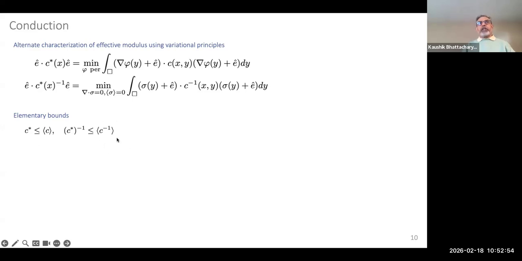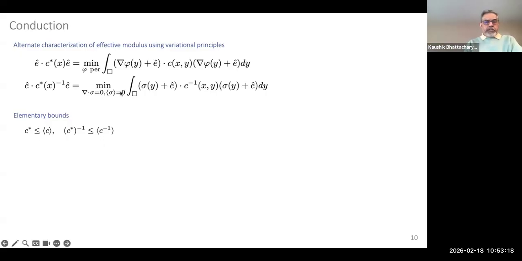And if I took a harmonic mean, so the average of the reciprocal, that gives me a lower bound on C star. So C star is bounded by the harmonic mean on the lower side and the arithmetic mean on the upper side, right? So that's a good way.